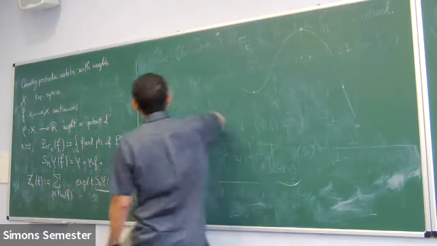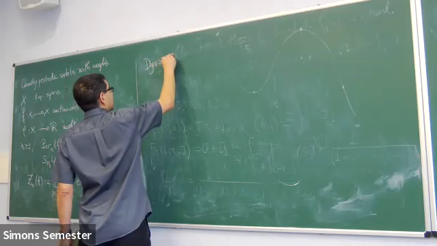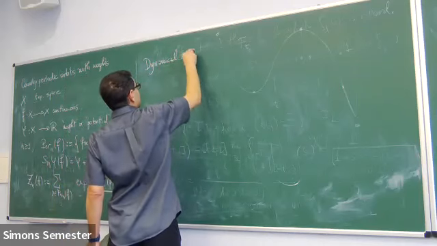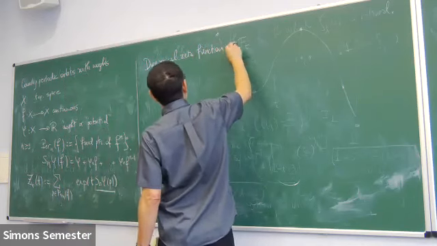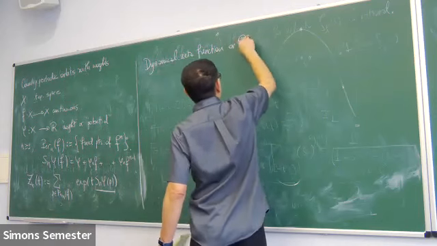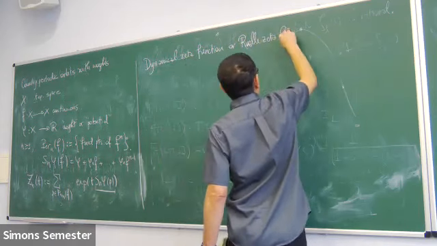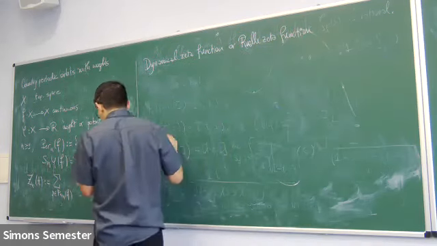Okay, so the dynamical zeta function, weighted, or Ruelle function, is defined as follows.